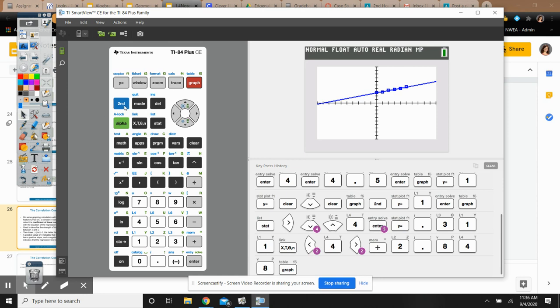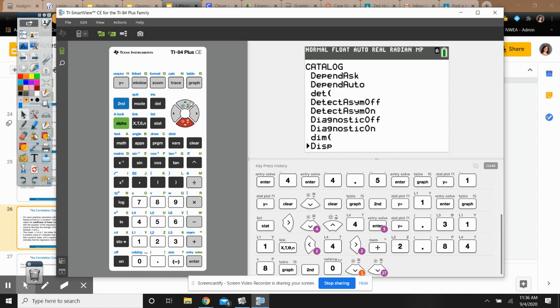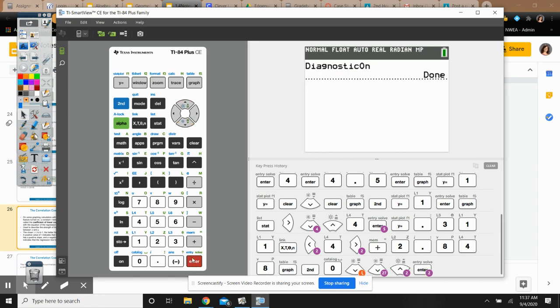What you need to do is hit second, 0, which is catalog. You should only have to do this once. Scroll all the way down until it says diagnostic on. Okay, there it is, diagnostic on. Hit enter one more time.